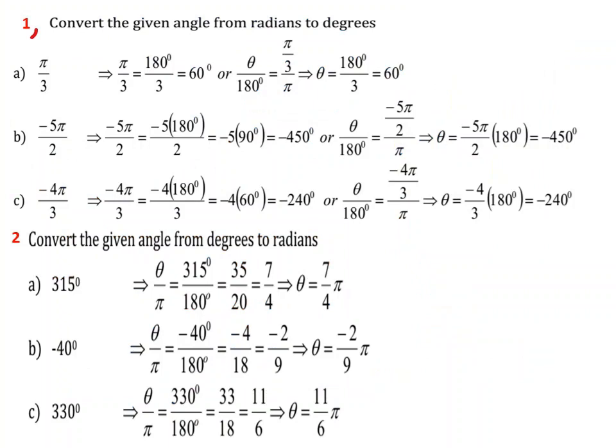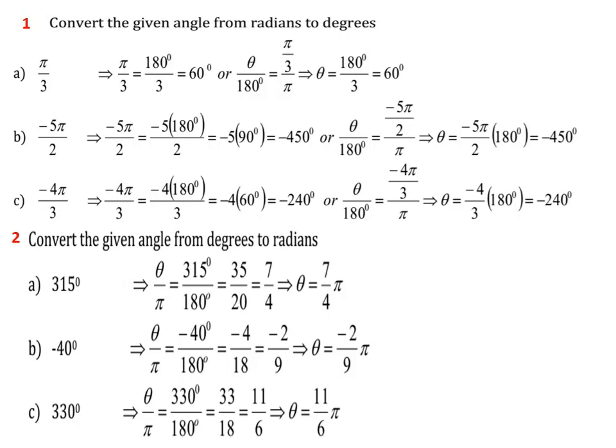Question number 1. Convert the given angle from radians to degrees. A, pi over 3. To convert this from radian form to degree form, we simply multiply by 180 over pi.